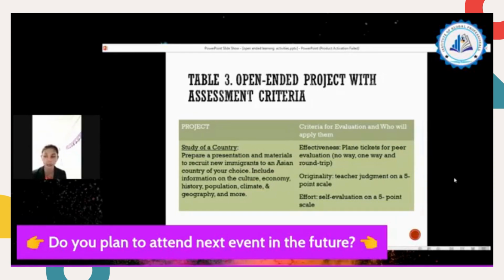The effort, the creativeness of each learner is going to be graded. Okay, so this is an open-ended project that you can use in your class. And next time that you discuss this item, you can apply these criteria for evaluation such as effectiveness, originality, and effort.